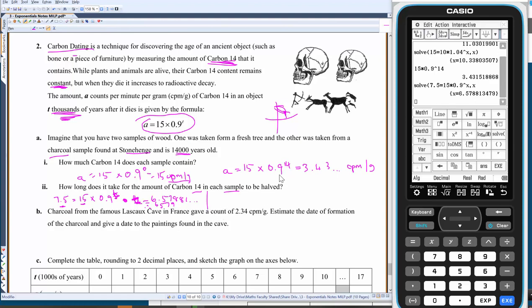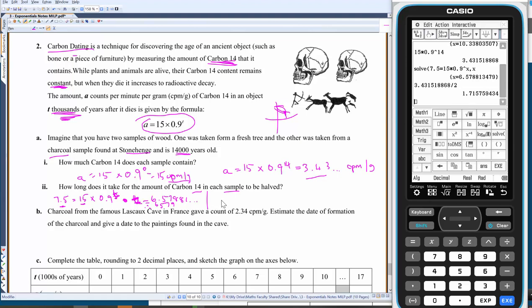Now, this one is an interesting case, so I'm going to do the next one. When this was discovered, it had 3.43. So what I'm going to do is grab that amount and halve it, which is 1.715.